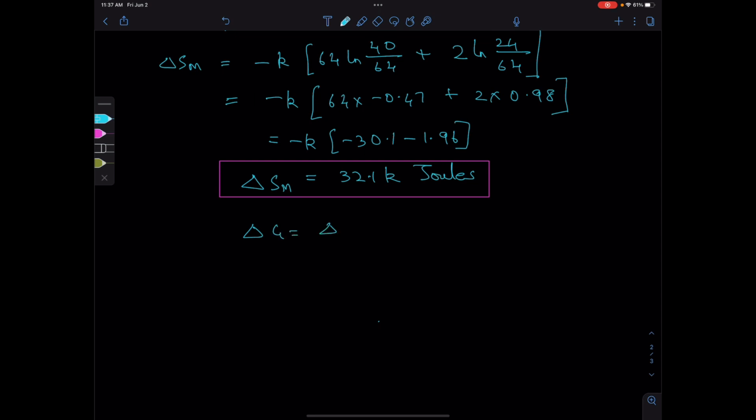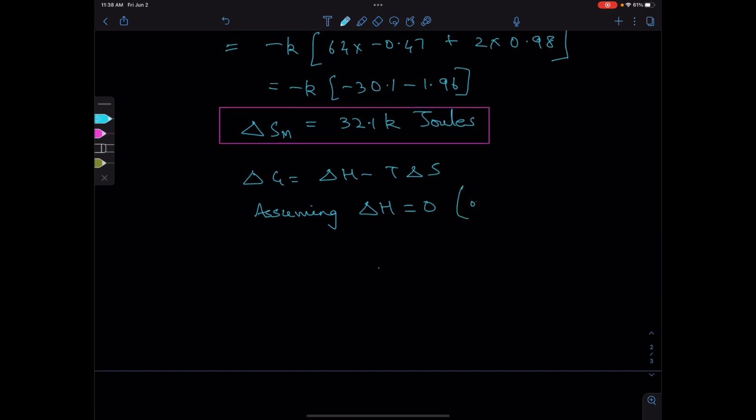Delta G is delta H minus T delta S. Again, assuming no heat loss or gain, delta H equals 0, at room temperature, 298 Kelvin.